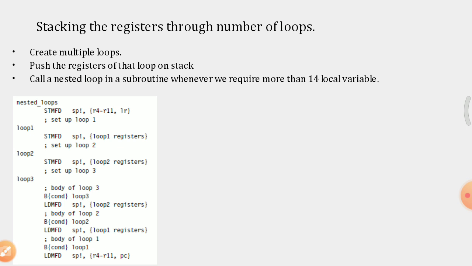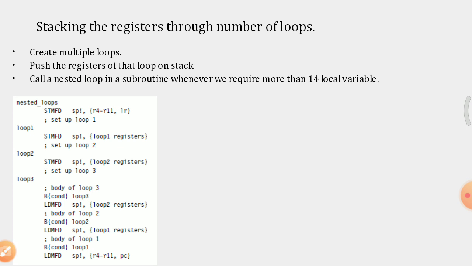So here we have got three groups of registers, three sets of registers. That is R4 to R11 is one set, loop 1 registers are the second set, and loop 2 registers are one more set. So like this we have got around 39 registers.